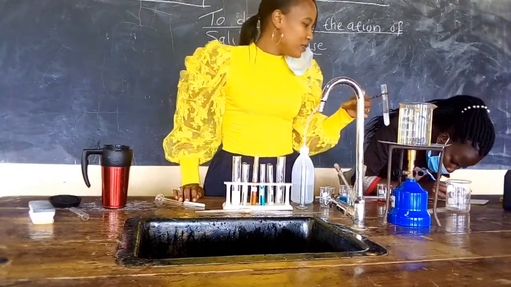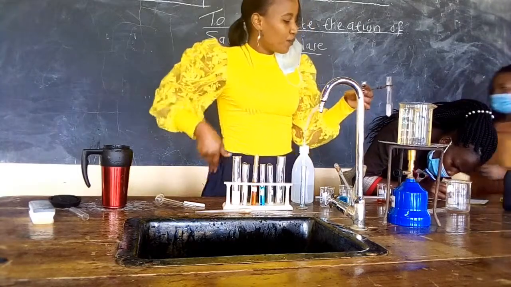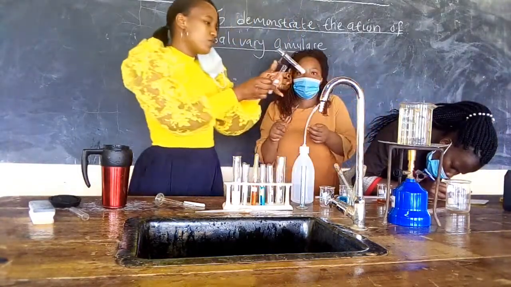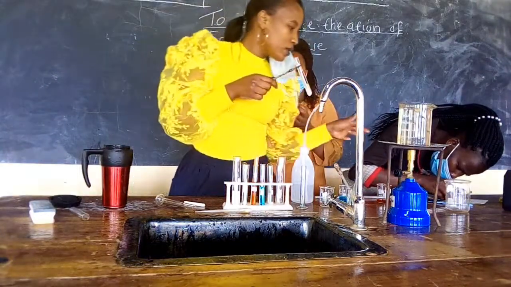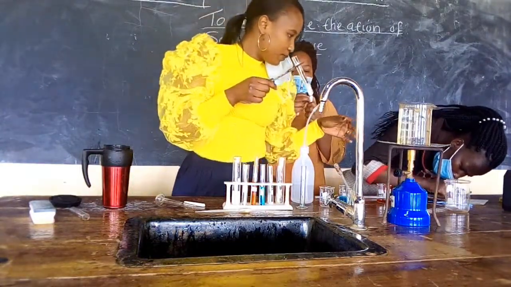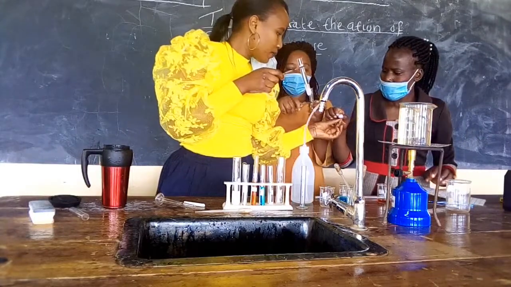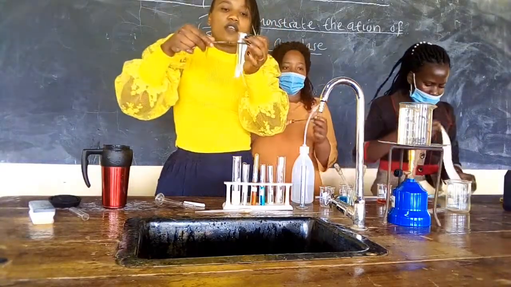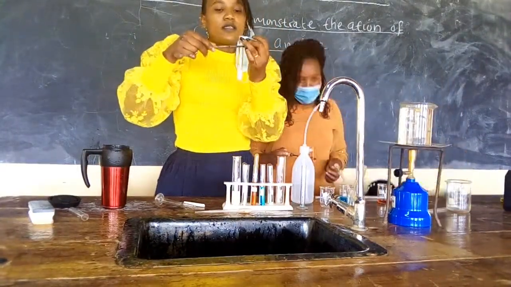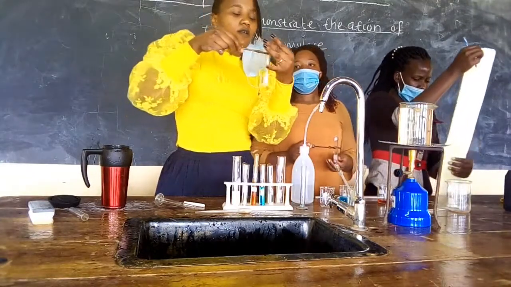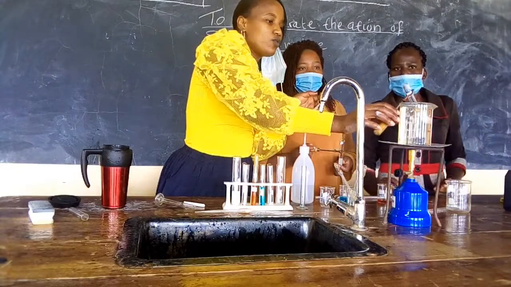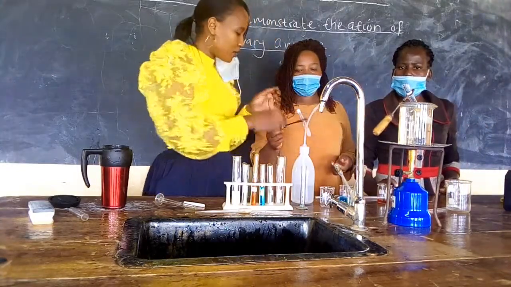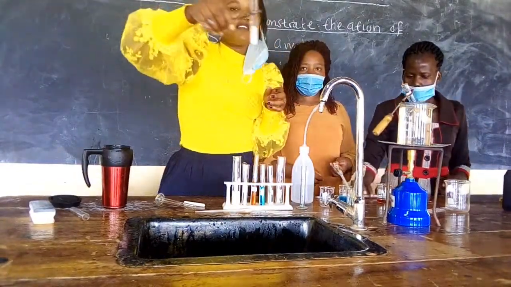Saliva plus starch. We need to transfer this liquid to this part. So saliva plus starch is over here for 5 minutes in the water bath. And this one is saliva plus distilled water.